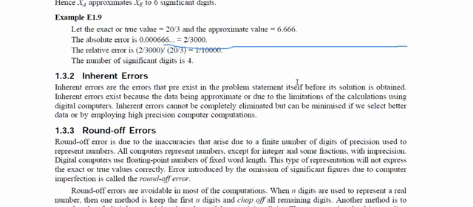The problem itself, whose solution is obtained. Inherent errors exist because of the data being approximate, or due to limitations of the calculations used in digital computers. There are two sources. Inherent errors cannot be completely eliminated, but can be minimized if we select better data or by employing high precision computer calculations.